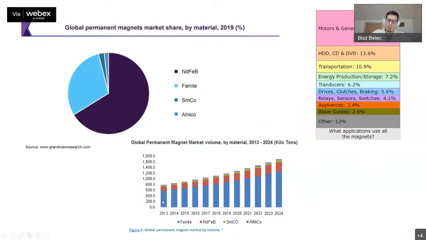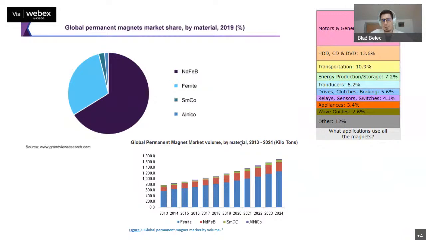So why is this? Because the application of magnetic materials in industry is based on the energy product. So with ferrite magnets, we can reach up to a certain level, a moderate level of energy product. But then we have a gap of materials that we cannot for now reach those values.